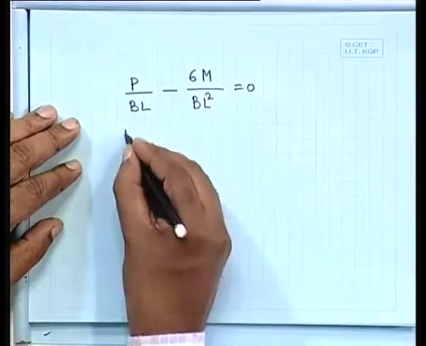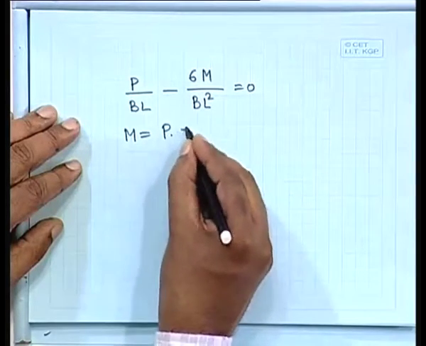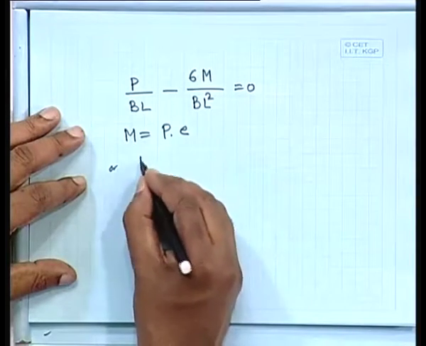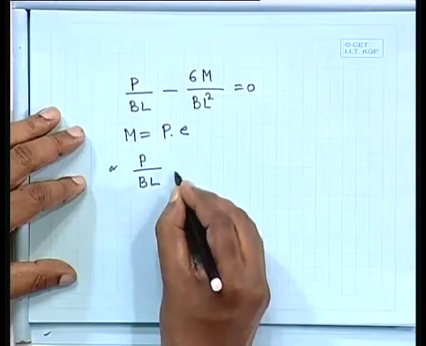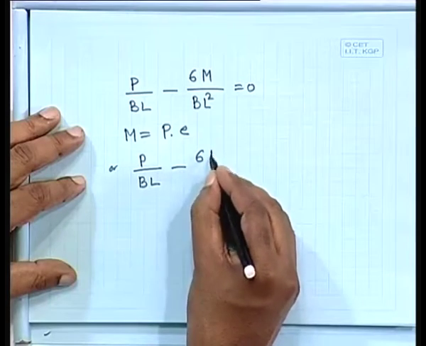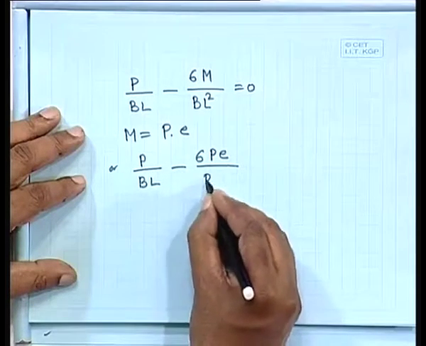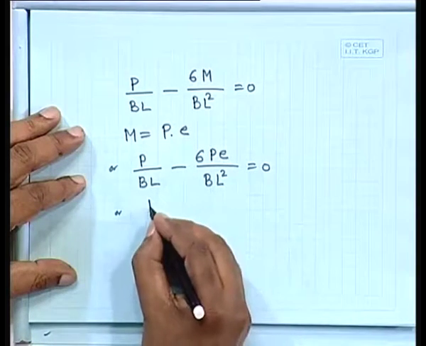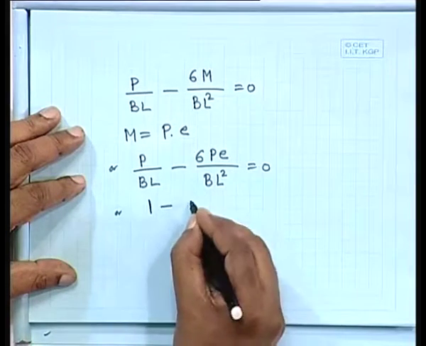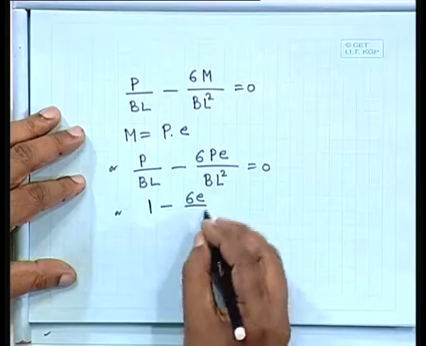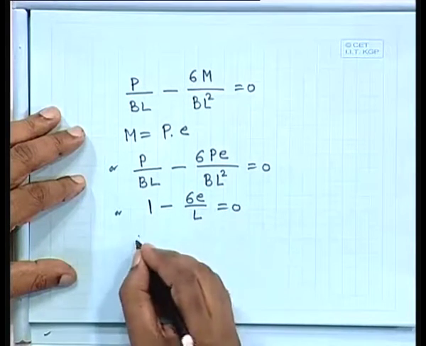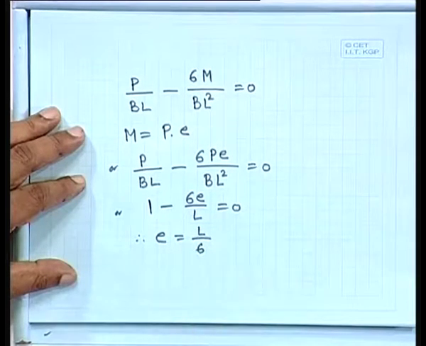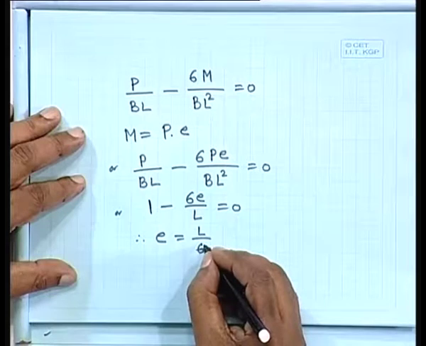M equal to P times E. So E equal to L by 6. So we are getting E equal to L by 6.